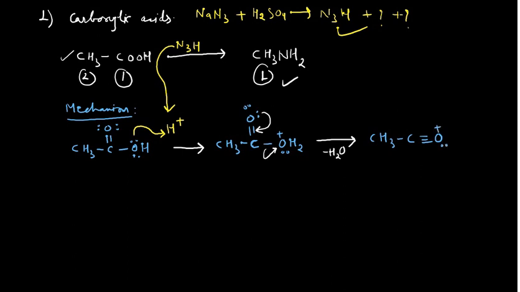I hope this makes sense. Why? Because this electron pair has moved from here to here, so this is carbon triple bond oxygen. Since it has lost one electron pair, it is electron deficient, and that deficiency is shown by the positive charge on the oxygen atom.